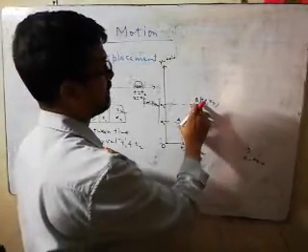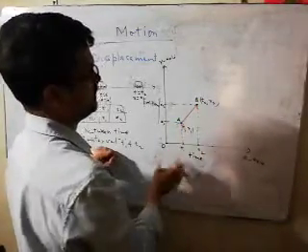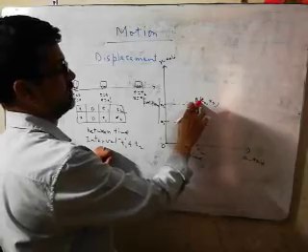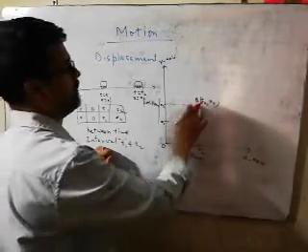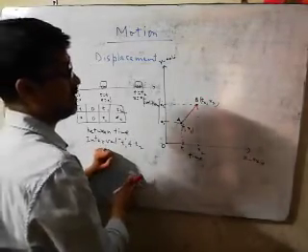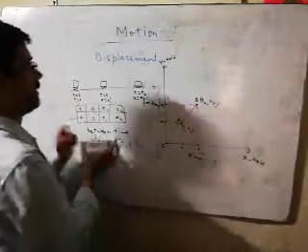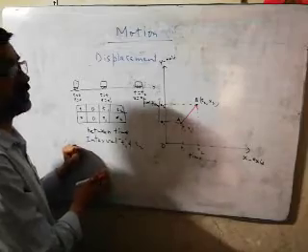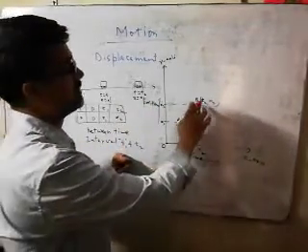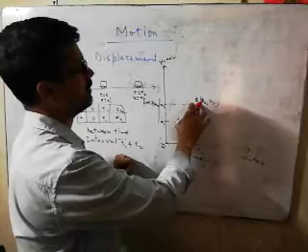So we can say we have to measure this AB. AB is here the displacement of the particle.